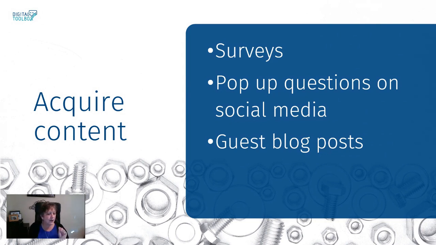And you can also invite other people to write blog posts. Now, if you've had a blog for any length of time, you're probably getting tons of these solicitations. I will write a blog post. All I want is an outbound link. Yeah, that's not what I'm talking about. I'm talking about when you've got a friend or a referral partner who is smart and knowledgeable, writes a guest post on your blog, and in return, you write a guest post on theirs.